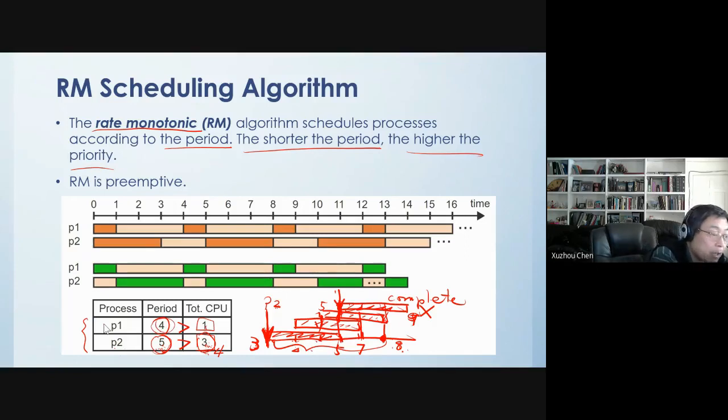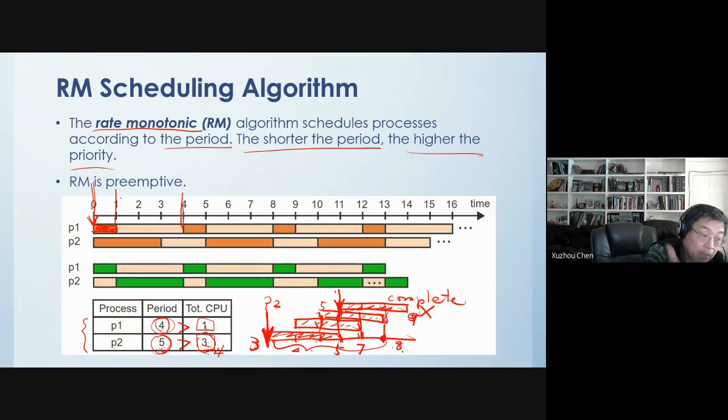Now, if process 1 requests the CPU at time 0, because the period is 4, that request has to be completed at time 4. The total CPU burst is 1, so once it gets the CPU, it completes at time 1.